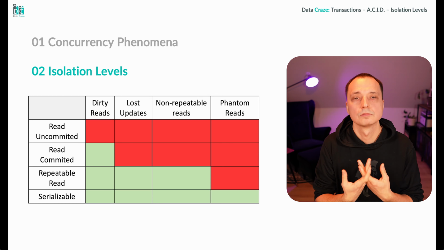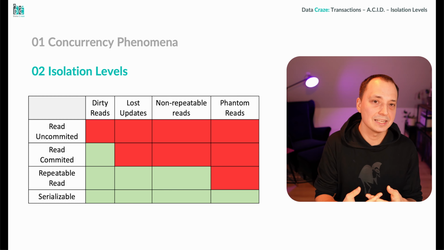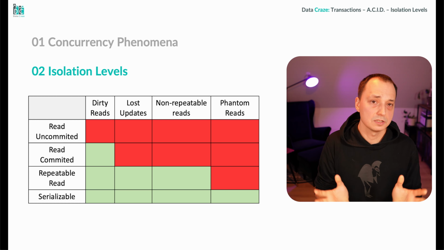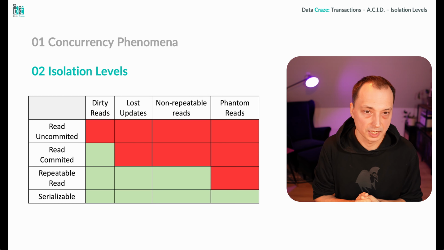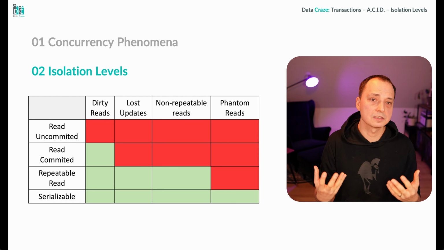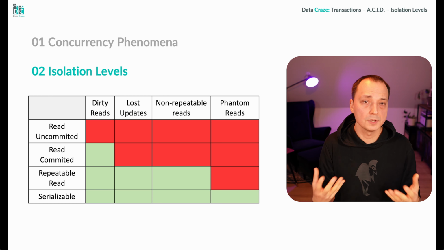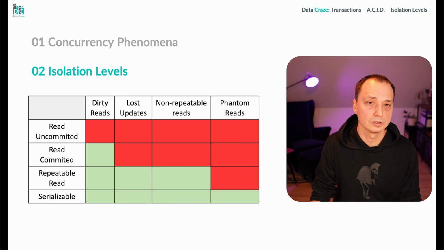But thanks to this, we are gaining some performance improvements compared to using serializable. So it's always a trade-off, and at the end of the day, these are trade-offs that you need to think about in order to make a good and well thought decision, right?